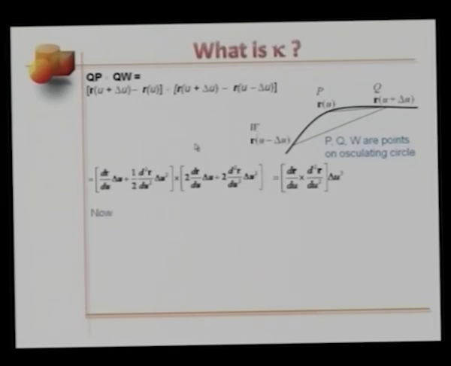Now, we know that the unit tangent is given by dr over ds, which is r prime(s).